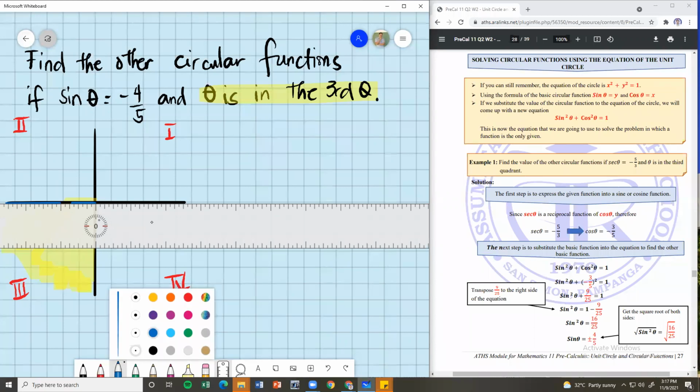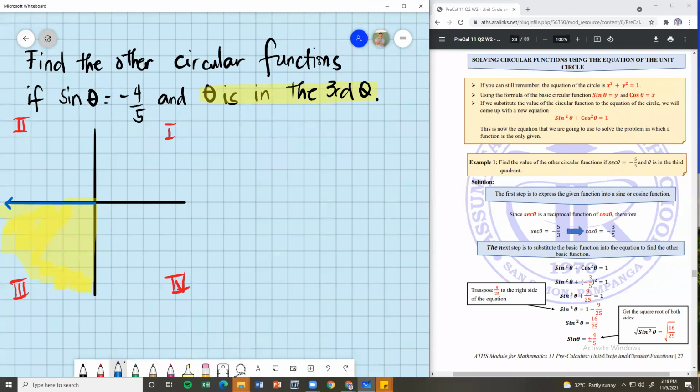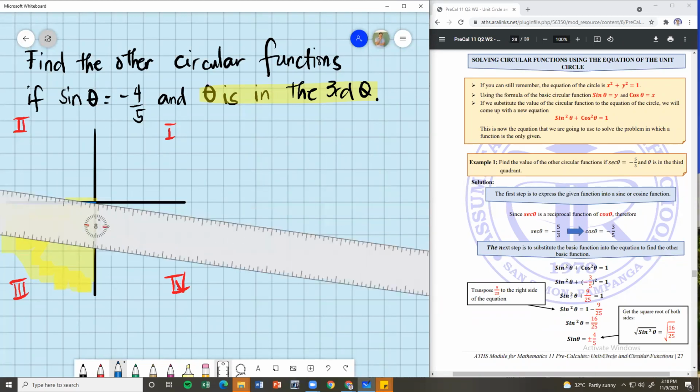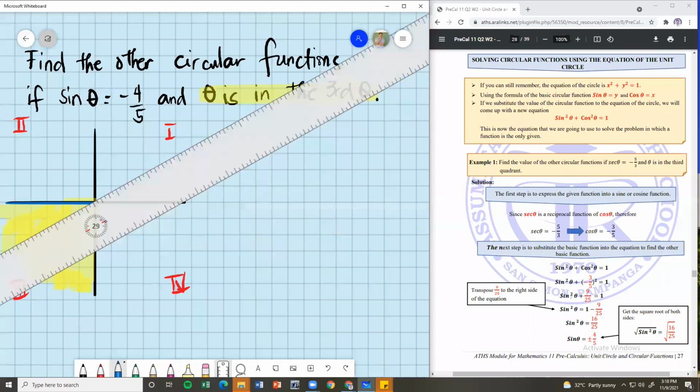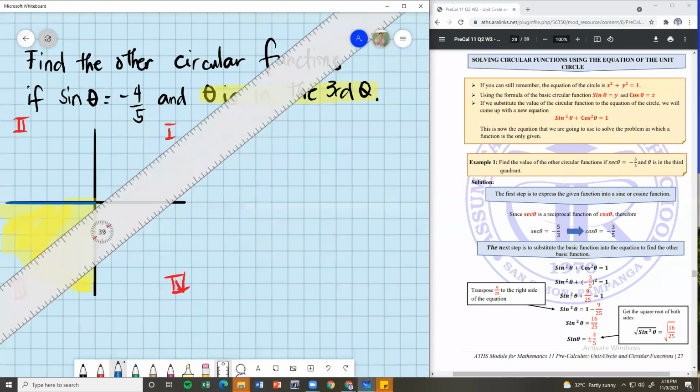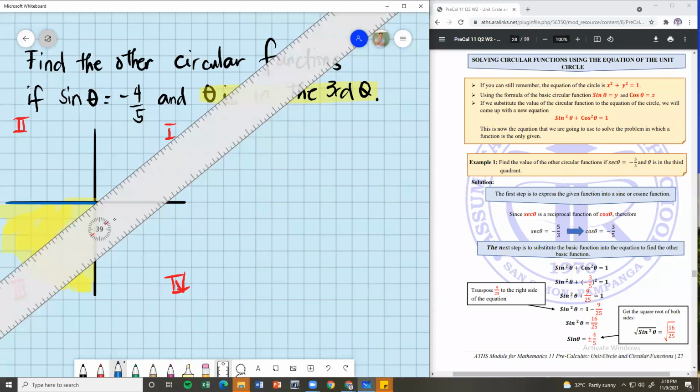So, let me draw this. Let this be one side of our triangle. And then, let's make another side here. Since representation lang naman to, anywhere could be that part. Let's draw another line here.